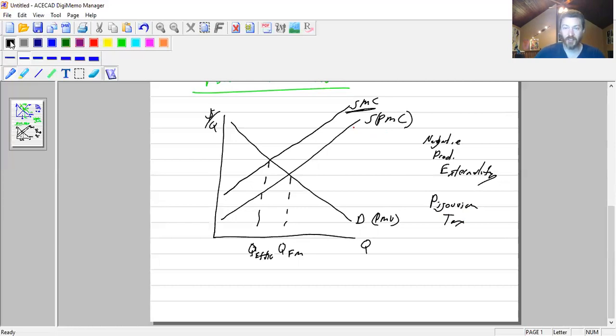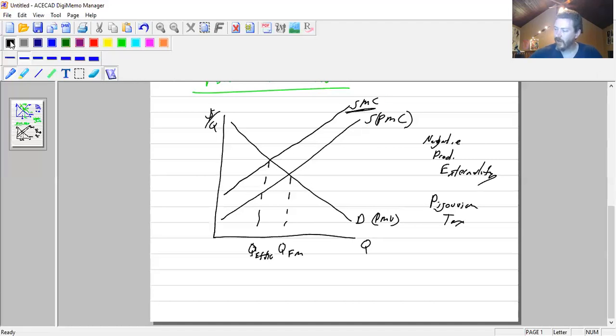If the external cost is $1 per unit of output, we would simply levy a tax. You pay a tax to the government equal to $1 per unit of output. And if you've forgotten, go back to the tax video and watch what we said about how a tax would affect the supply curve, right? When it's levied on sellers, the tax becomes part of the marginal cost.